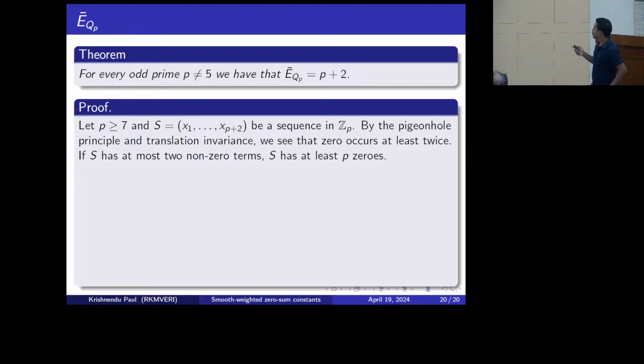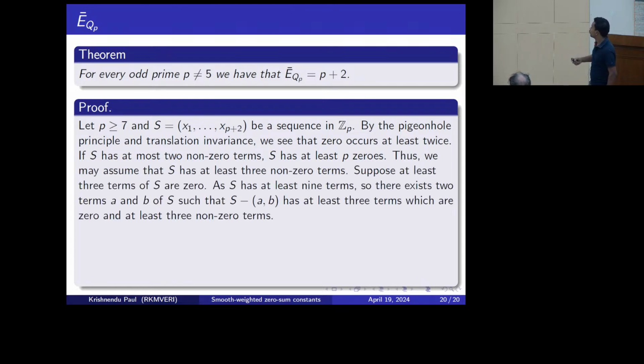Now if S has at most 2 non-zero terms, then as the length is p plus 2, S has at least p zeros, then it is a smooth zero sum. Okay. So we may assume that S has at least 3 non-zero terms.